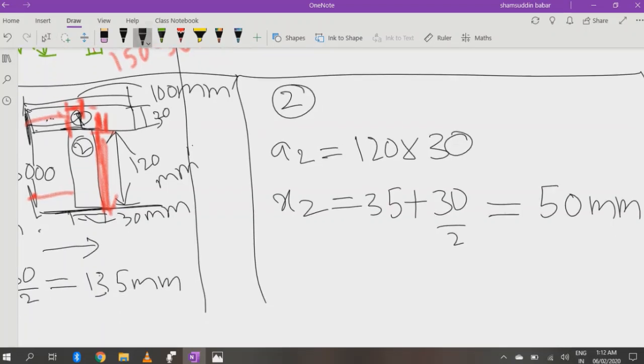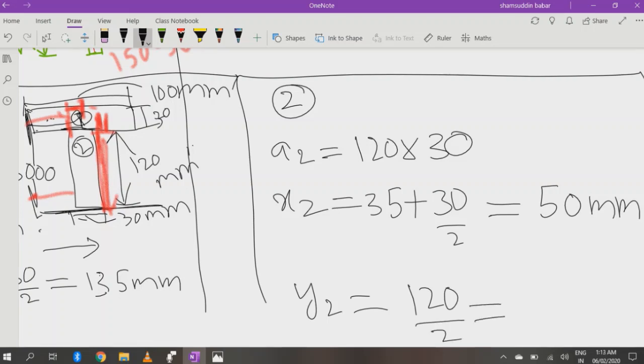Now my y2. What will be my y2? It is quite simple. It will be 120 by 2, which is 60 mm.